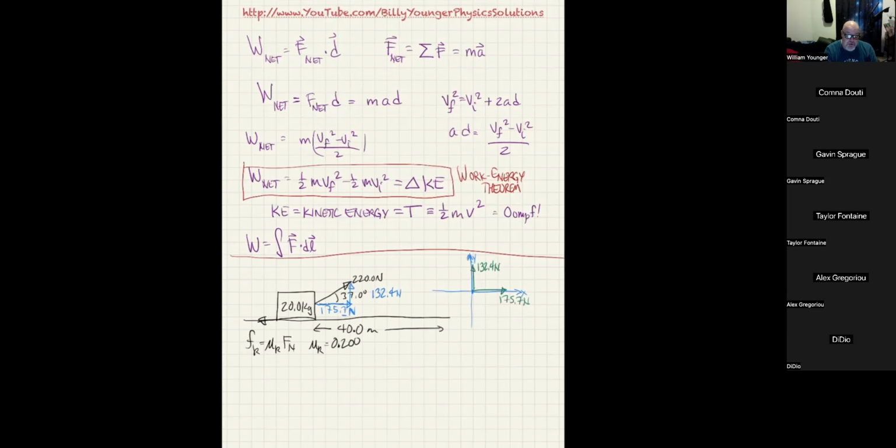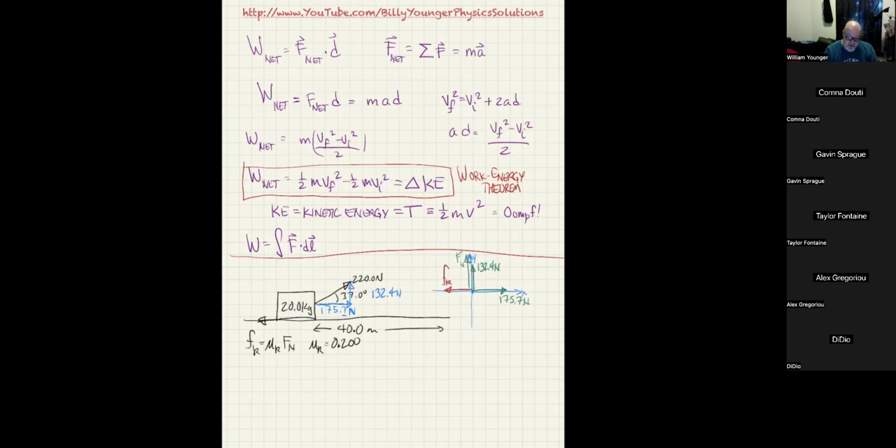We have a friction force, and it's in the negative direction, so I'll use red for that. That friction force is F sub K. But I also have another positive force called the normal force pointing upward. The mass, like I said, was 20 kilograms.